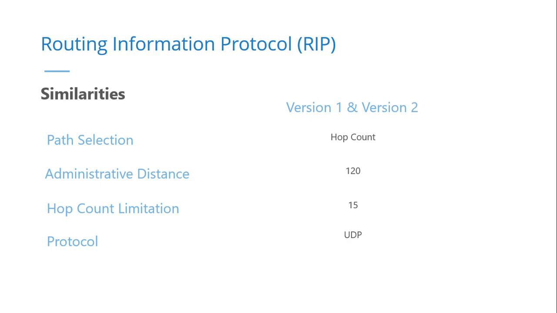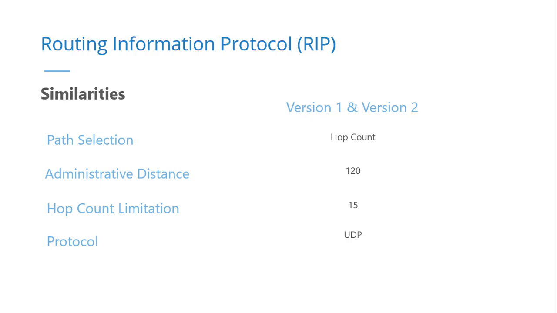When you say it uses UDP, it uses UDP to send out data to other routers. Remember that RIP is part of distance vector routing protocol, which refreshes routing tables regardless of changes. And it sends those updates using UDP. So we have the similarities.